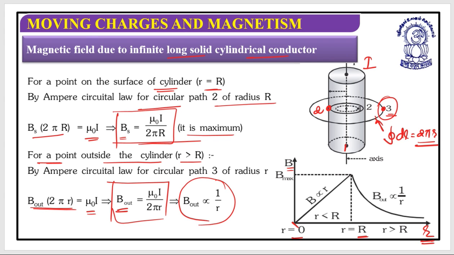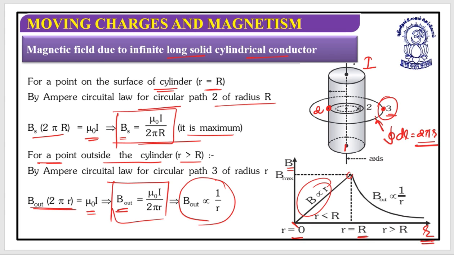Yes, we have gone through these kinds of applications, but we need to understand and focus on it. When we are inside the solid cylindrical conductor, the magnetic field is directly proportional to r.